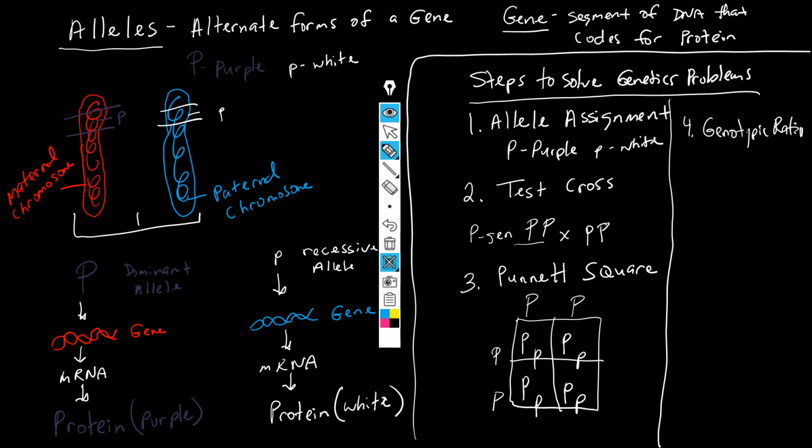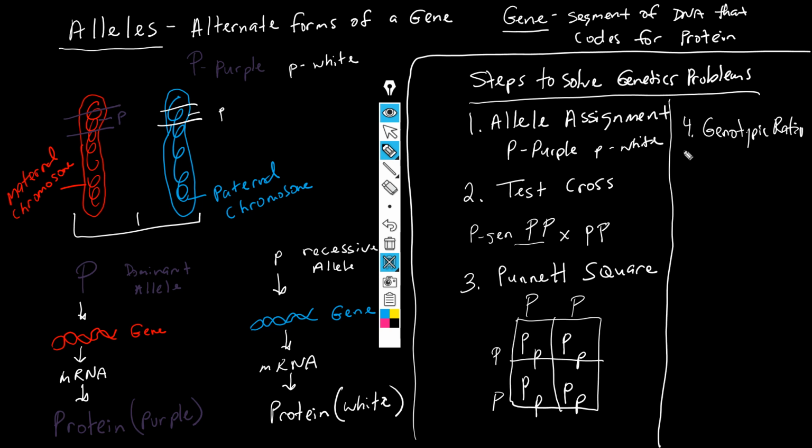But what you want to do with this genotypic ratio is understand the terminology that goes along with genotypes. There are some terms here that you need to understand, and these terms are what's going to allow you to read a genetics word problem and convert that into an actual workable problem using these 5 steps that I'm showing you now.